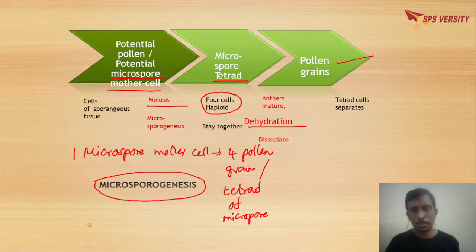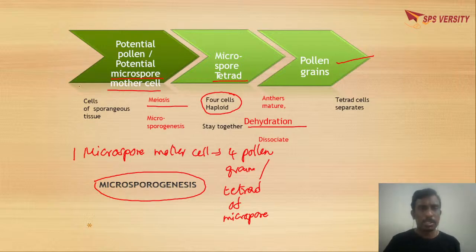Tetrad of microspore means 4 microspores are formed. So there is a difference between microspores and pollen grains. Microspores means 4 microspores will stay together, whereas when they get separated, they are called pollen grains.